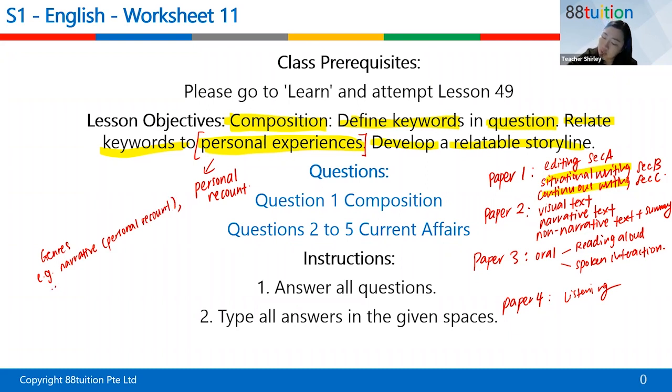Then next one that you're going to learn is descriptive, which will most likely be introduced in Sec 2, but some schools introduce it in Sec 1. Okay, you're going to learn expository. Expository is basically weighing out the pros and cons of things, or discussion. Expository has the discursive essay or argumentative essay.